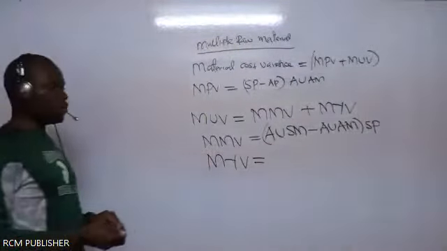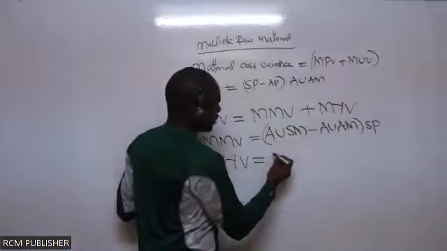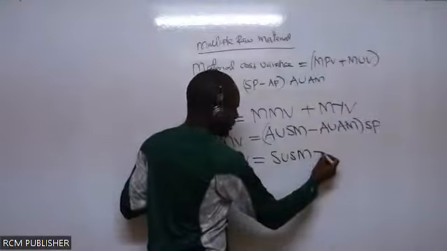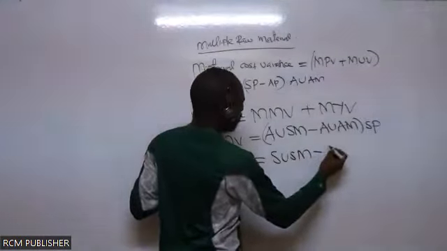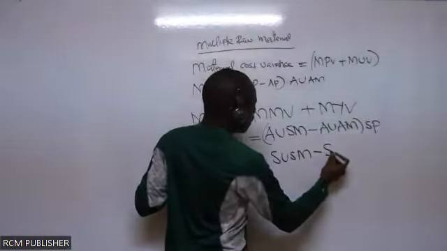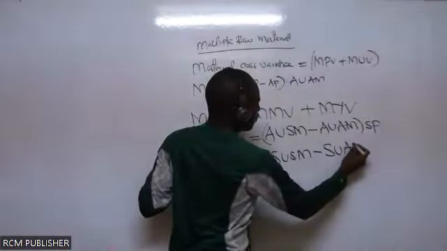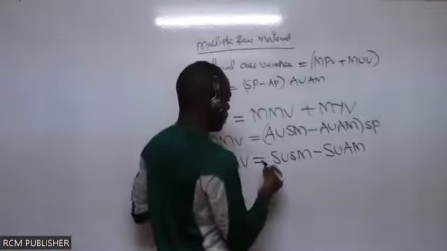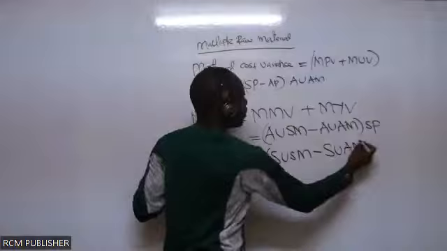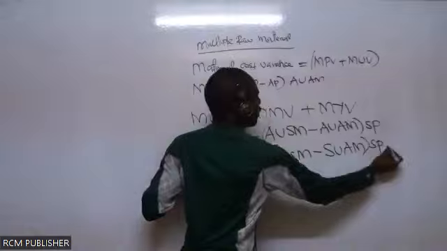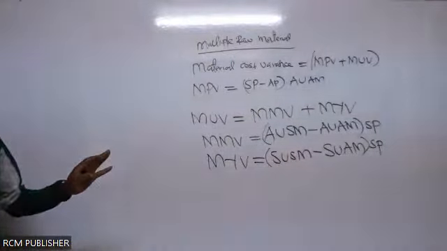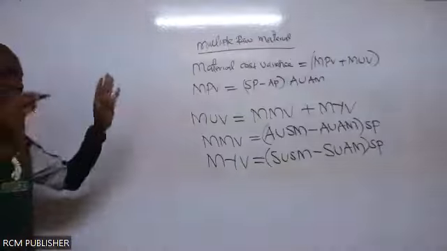So that's where we apply the standard usage in standard mix minus standard usage in actual mix. Then we multiply by the standard price. That is what you need to put in place.